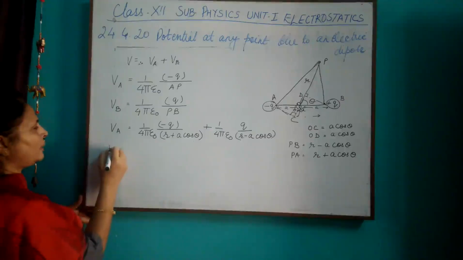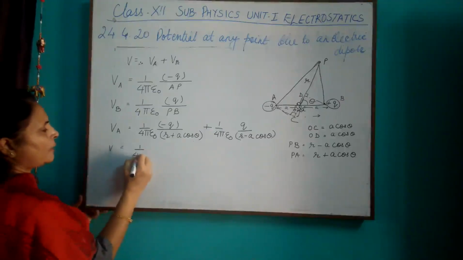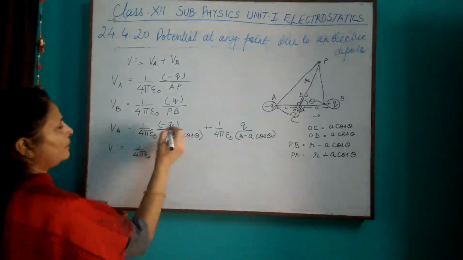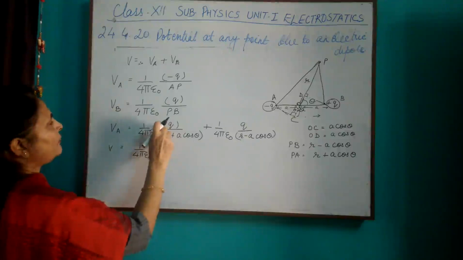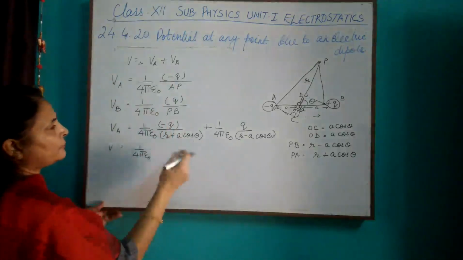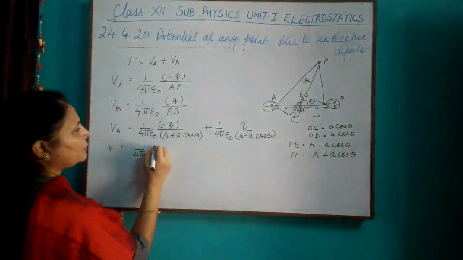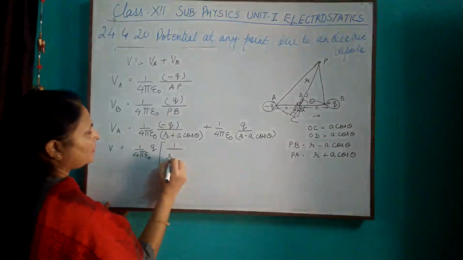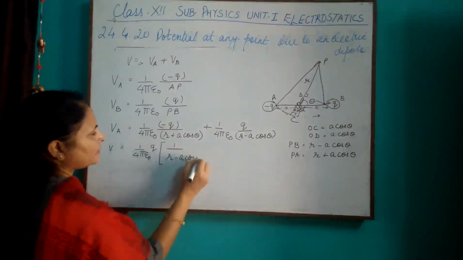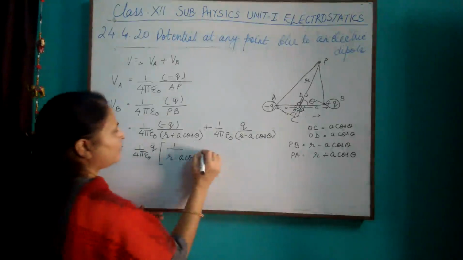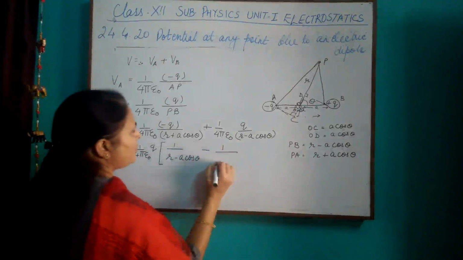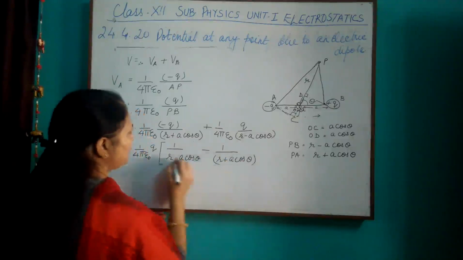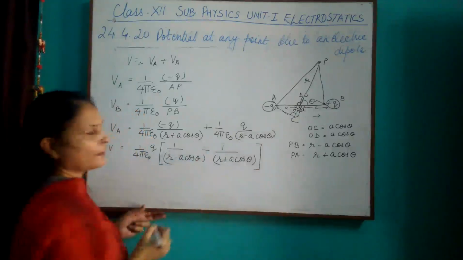Now we'll find out the value of V. V will be equal to 1 by 4 pi epsilon naught. Since VA has a negative sign, I can take it afterwards. I'll take Q first, and Q can also be taken as common. 1 upon R minus A cos theta minus 1 upon R plus A cos theta.